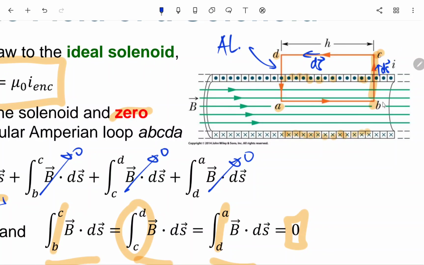From A to B, we have ds pointing to the right side, and the B field also points to the right side. So B dot ds becomes B times ds, and B is uniform.